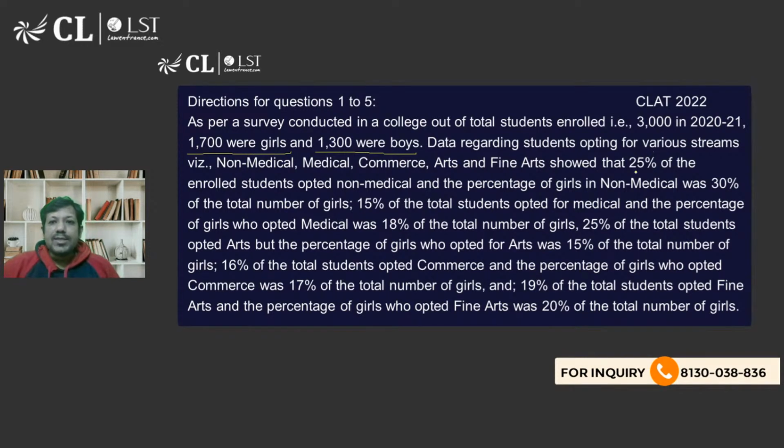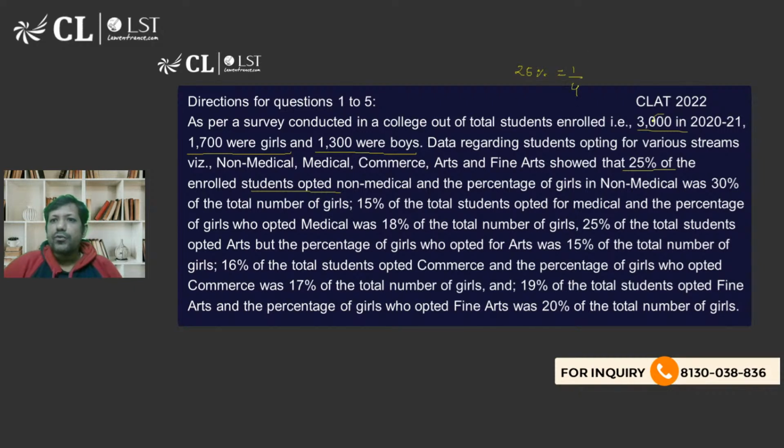So basically it says that 25% of the enrolled students. So what are the enrolled students? That is 3,000. So 25% of 3,000. If I want to calculate 25% of 3,000 quickly, what am I going to think? I already know that 25% is going to be 1/4.